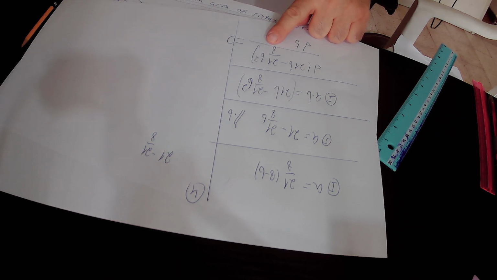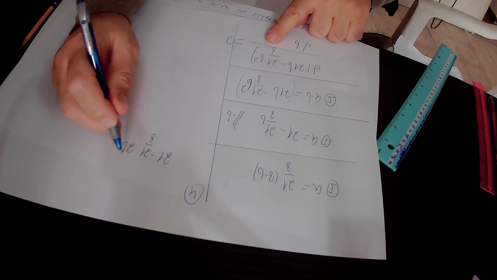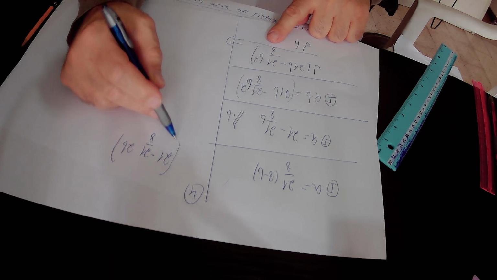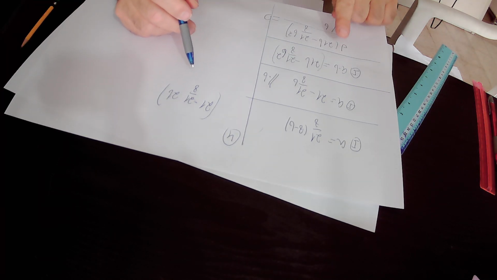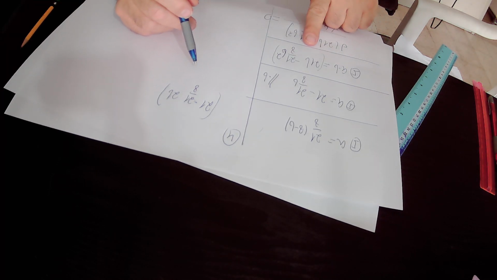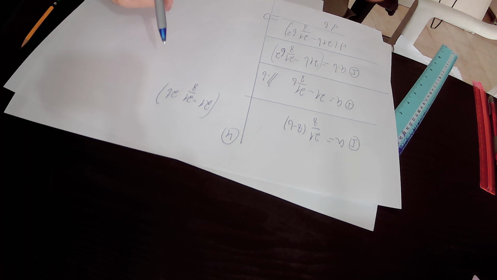What is the derivative of b squared? The derivative of b squared is of course 2b. So actually this is the derivative of the original function, that is the area function, 21b minus 21 over 8 b squared.